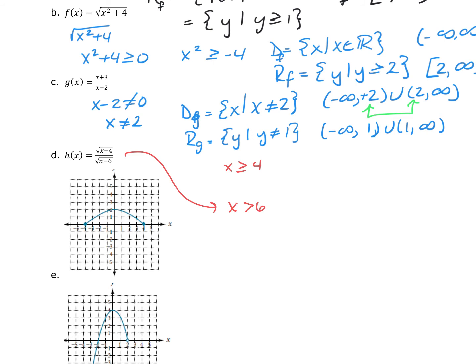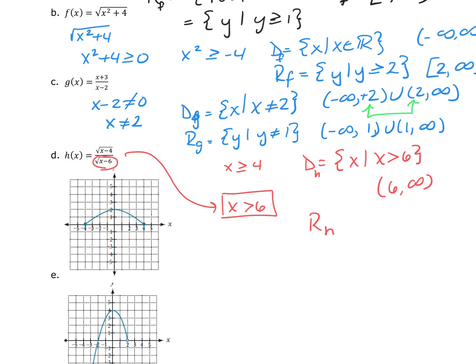Now, which will dominate? The denominator has to dominate, because if I put 5 in right here, I'm going to get a complex number. So this will dominate the domain. My domain of h is x such that x is greater than 6. Interval notation is from 6 to infinity.